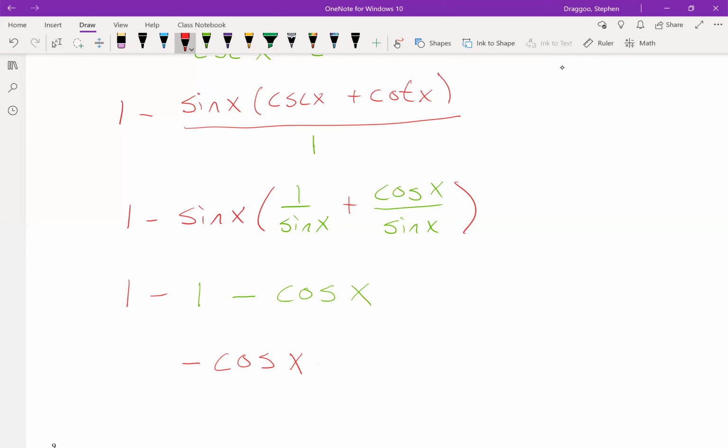And then I can distribute that negative sine x all the way through. Just be careful with that negative sign, because that negative sign gets multiplied to 1 over sine x, which becomes negative 1, but also negative sine multiplied into cosine over sine becomes negative cosine. But then I have 1 minus 1, which is 0, leaving me with just negative cosine of x.